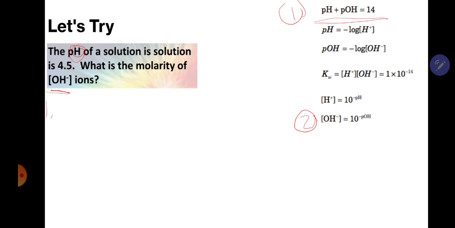So number 1, we'll have pH plus pOH is 14. And I'll plug in my pH.